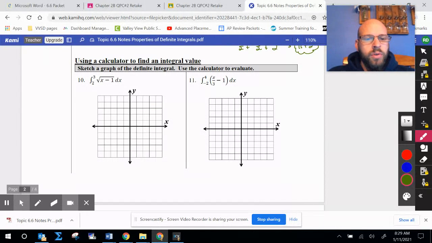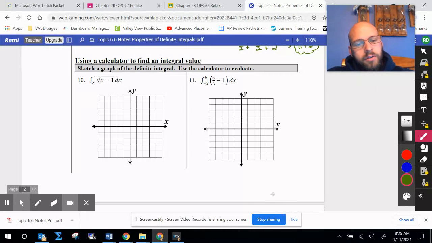So if you were to graph this function, we would then want to find the area under the curve. So if you were to graph this function, we get something like this, okay? And I want the integral from 2 to 3. So from 2 to 3, so I want this integral.